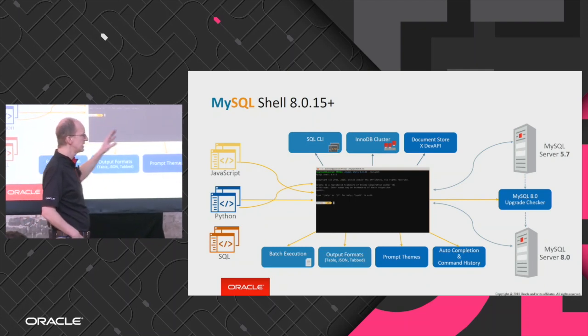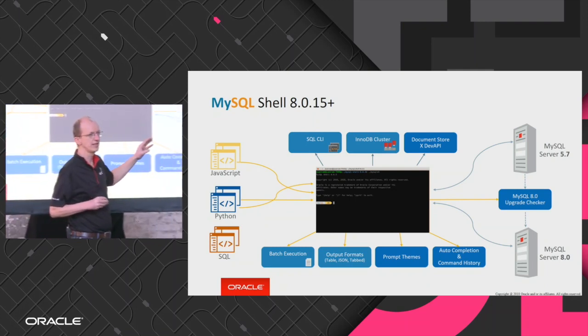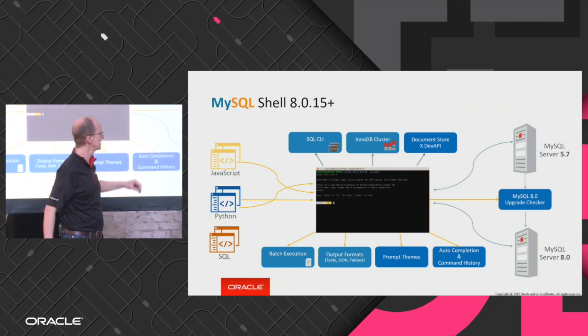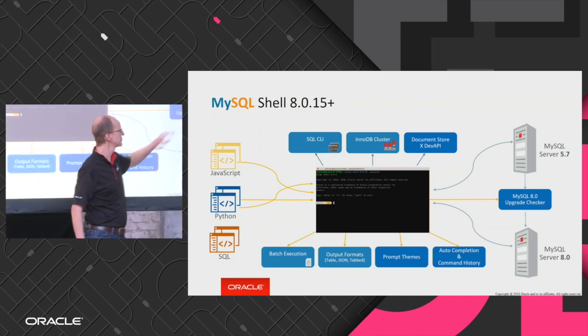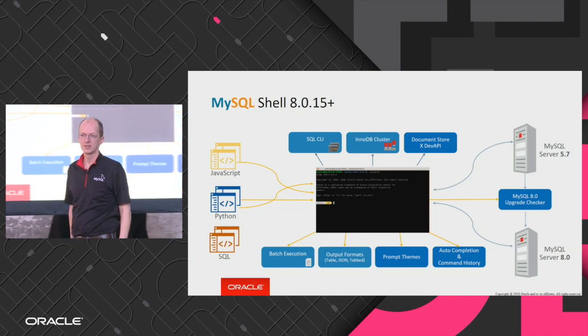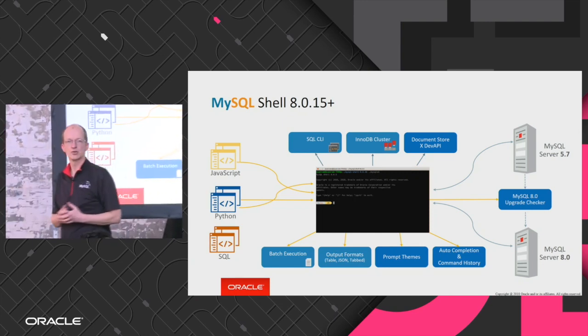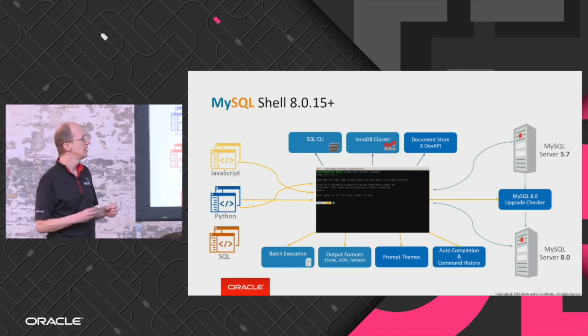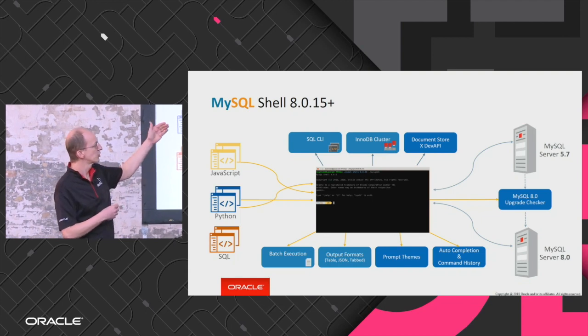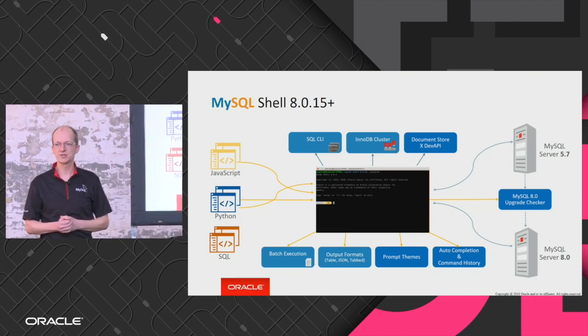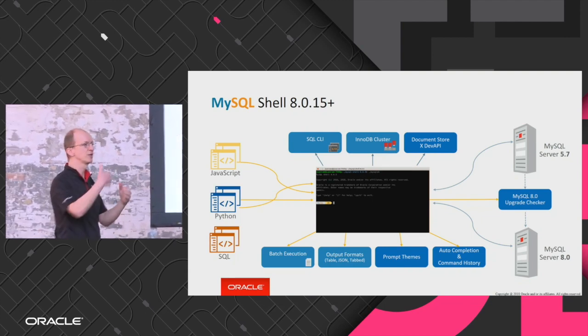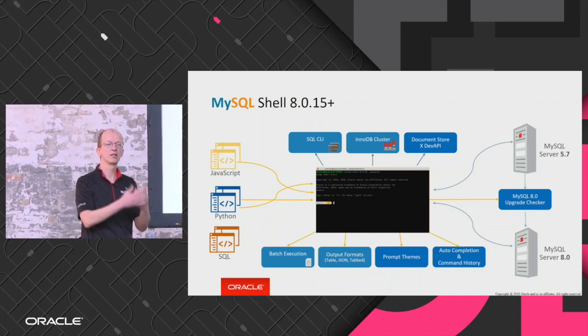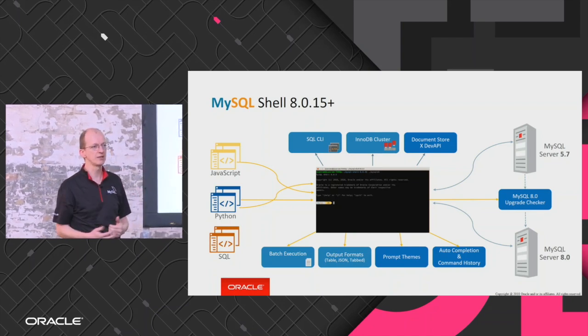The cool thing is we do have some helper objects integrated in MySQL shell. For example, the MySQL 8 upgrade checker. That is a utility that you can call in the MySQL shell and provide connection details to a MySQL 5.7 server, and it will connect to that server and check if that server is feasible for upgrading to MySQL 8.